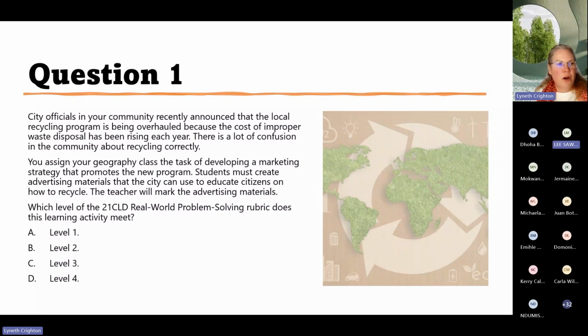And then we read on, you assign your geography class the task of developing a marketing strategy that promotes the new program. Is there innovation? Are they solving a problem? And then they have to create advertising materials that the city can use to educate citizens on how to recycle. The teacher will mark the advertising materials.